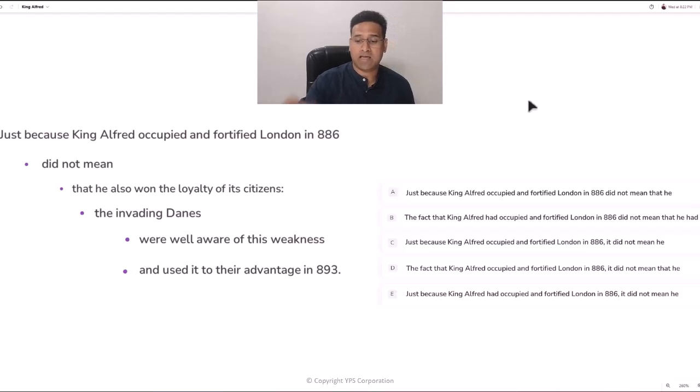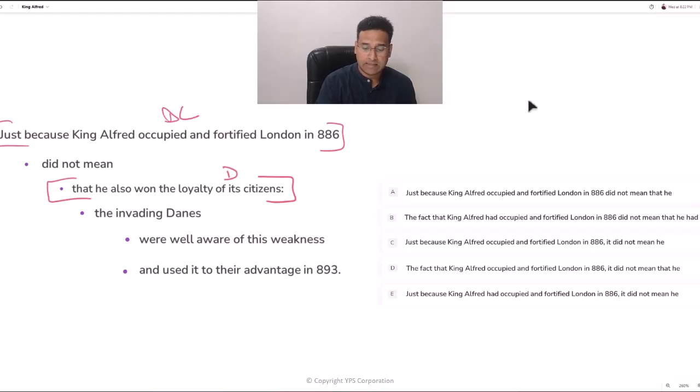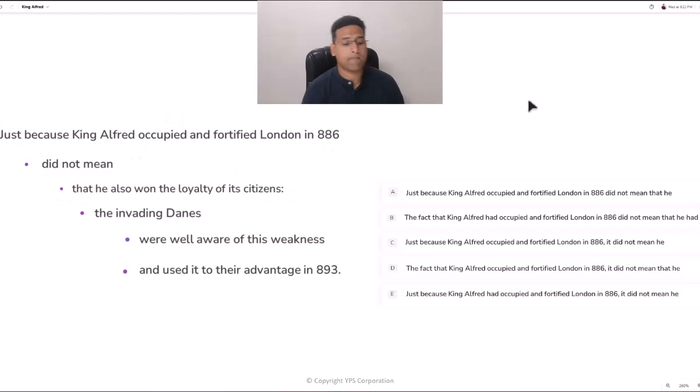And let's apply everything that we have learned so far. Something did not mean something. So we have one DC here and we have another DC here on either side of a verb. Do you all see that?